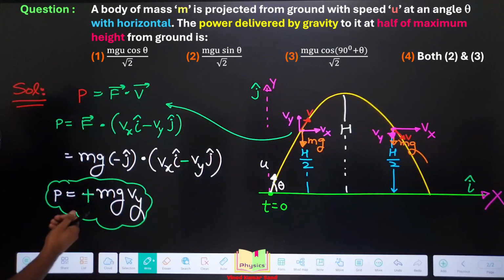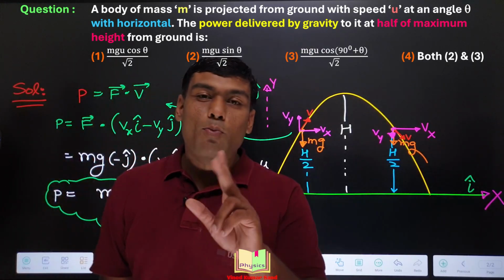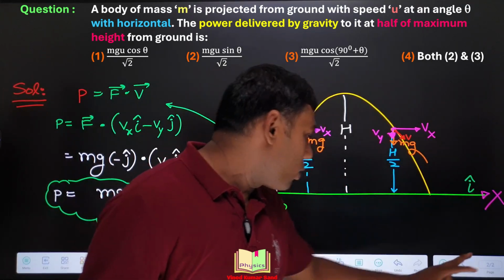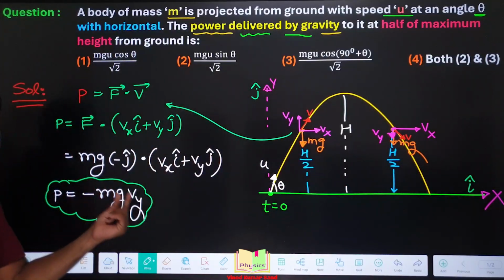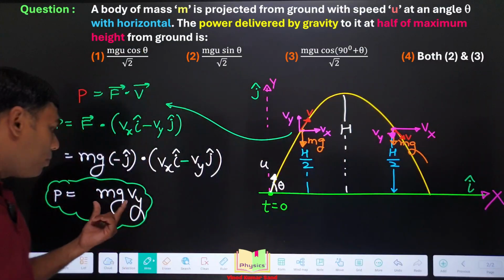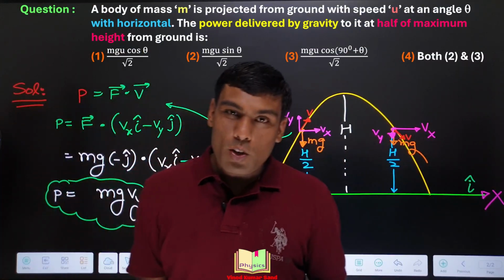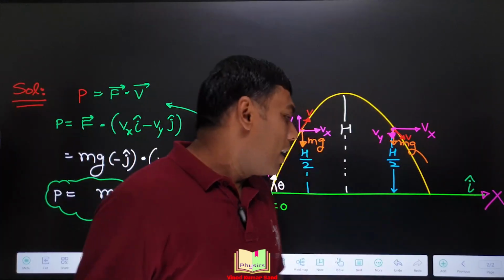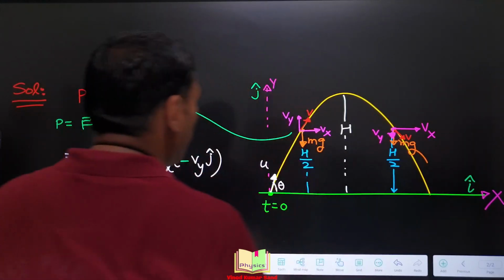So the power would come out to be mg vy. Means we will have two answers to this question. The power could be minus mg vy and the power delivered could be mg vy. There will be two possible answers to this situation. Now let us determine that Vy.